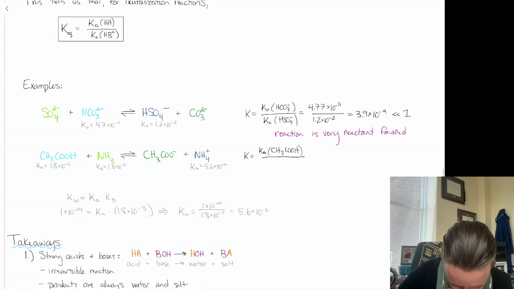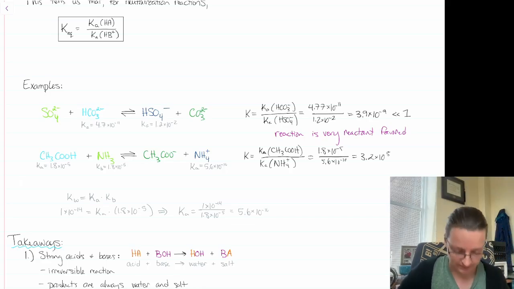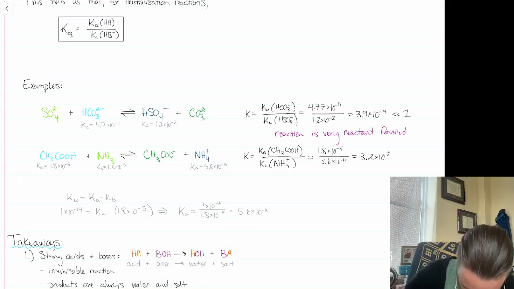And then in the denominator, we're going to plug in the acid dissociation constant for the acid that shows up on the product side, which is ammonium, using the numbers that we just calculated. In this case, we get a very positive number, 3.2 times 10 to the 5th. And so this tells us that this neutralization reaction is very product favored because this number is way bigger than 1.